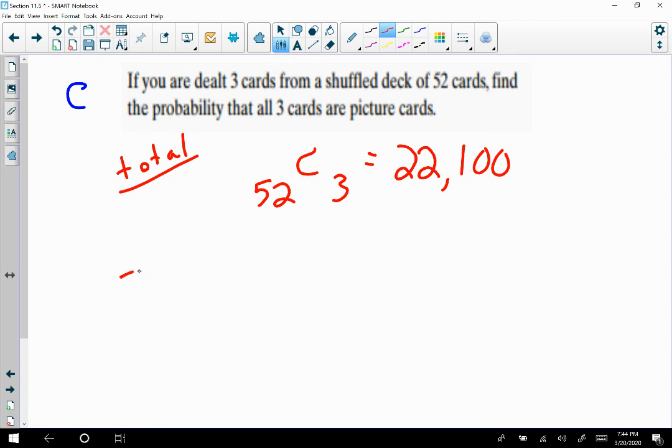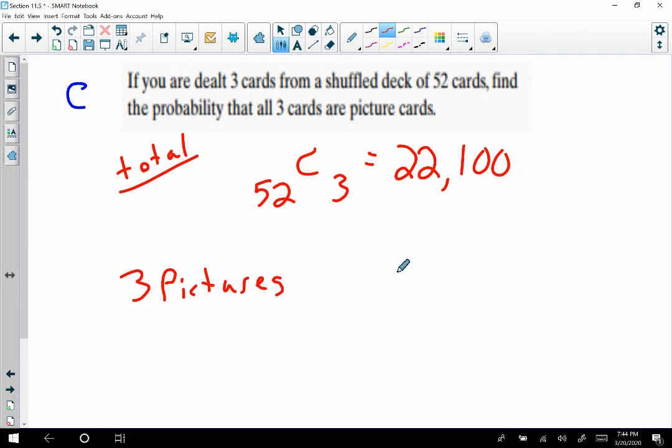22,100. All right, so now what's our situation? Well, we want 3 pictures, and because we are only focusing in on pictures, I don't care about any of the other cards. So how many picture cards are there in a standard deck? Again, if you go back and look at our information from the previous day, I gave you this answer.